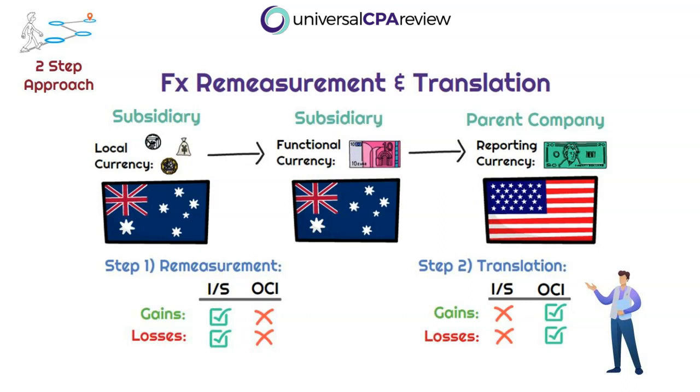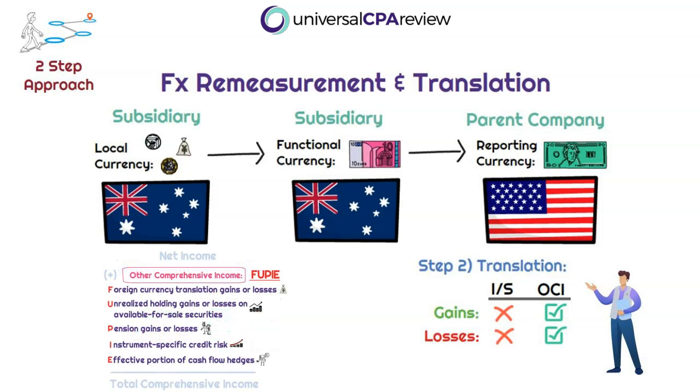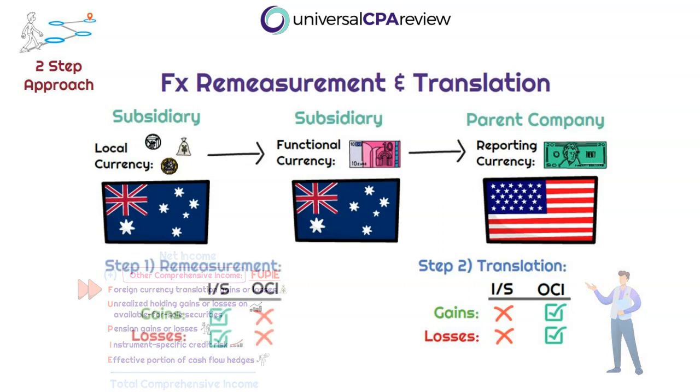And if we remember from earlier modules when we talked about other comprehensive income, we had our FUPI mnemonic, right? And the F in FUPI, well, that was foreign currency translation gains or losses. So these translation gains and losses are going to other comprehensive income, which is part of stockholders' equity on the balance sheet, right? So they're not going to the income statement.